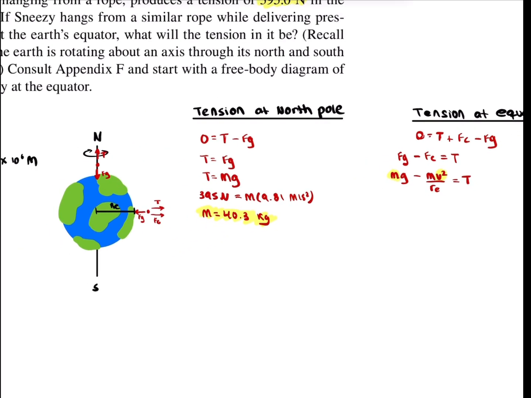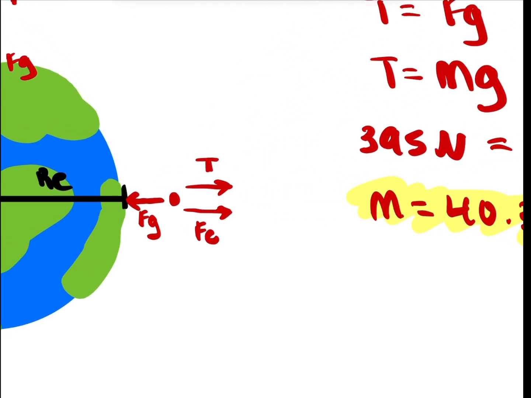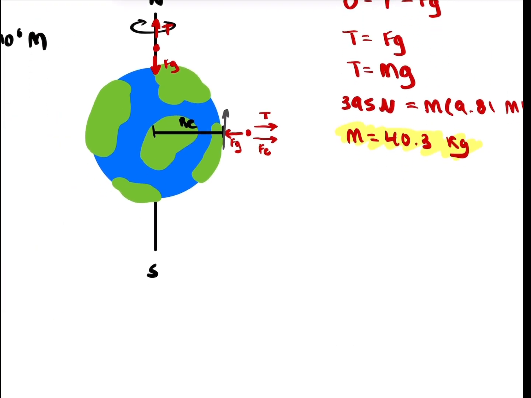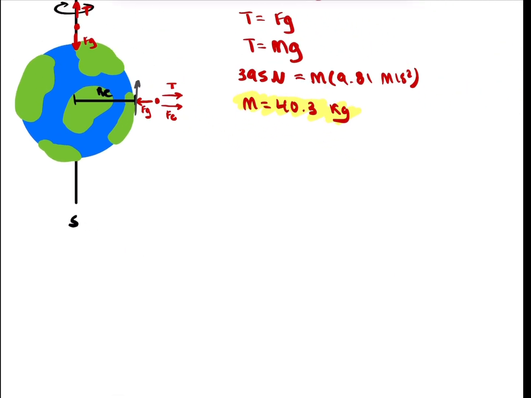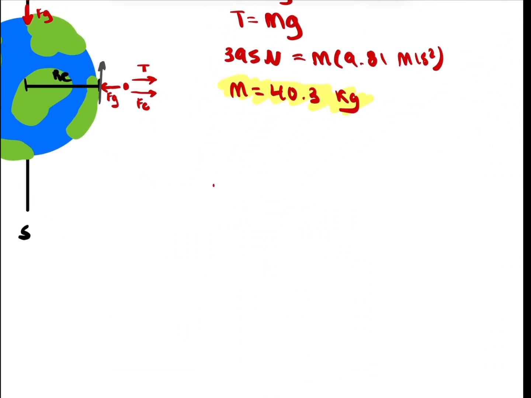Now for the speed. This is the tangential speed, so it would be like this way as a vector. We can use our simple formula for speed, which is velocity equals distance over time.